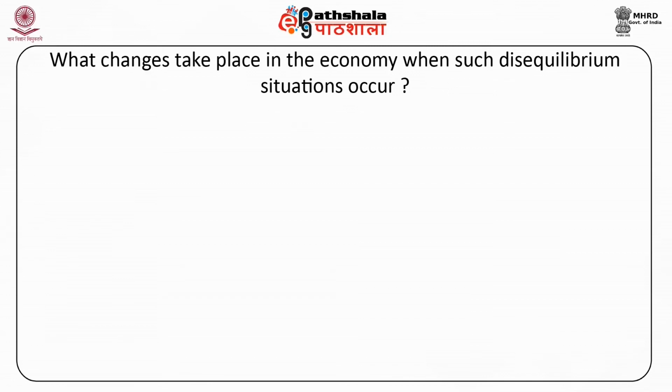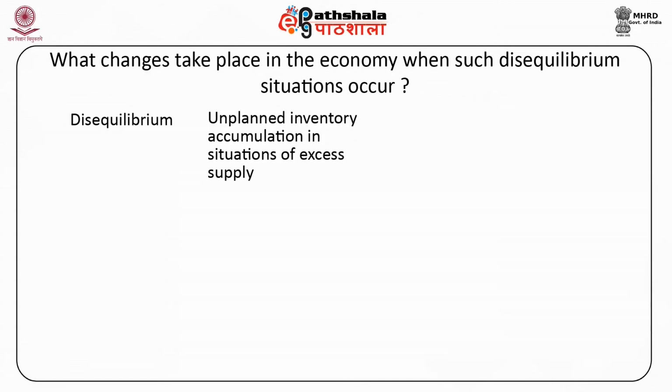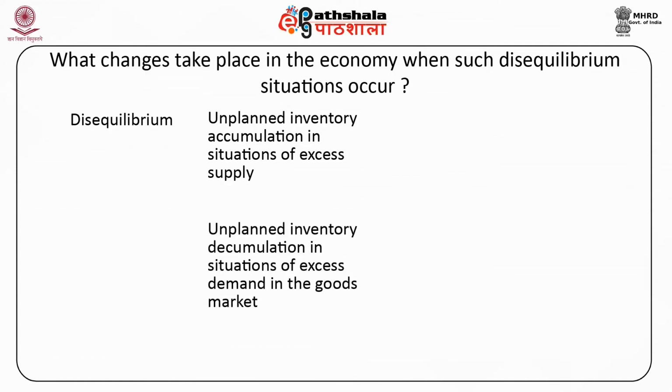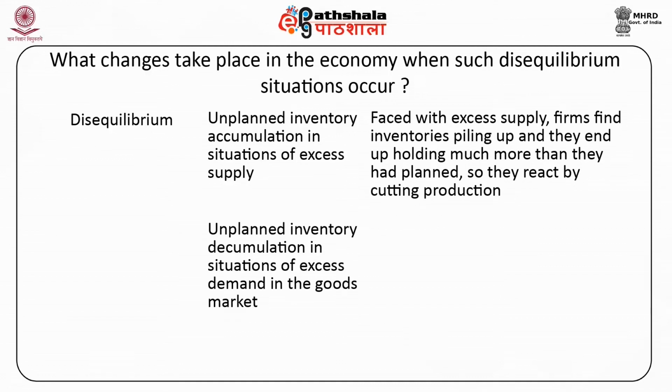You may recall from our analysis in the previous modules, there is unplanned inventory accumulation in situations of excess supply and unplanned inventory decumulation in situations of excess demand in the goods market. Faced with excess supply, firms find inventories piling up and they end up holding much more than they had planned, so they react by cutting production.